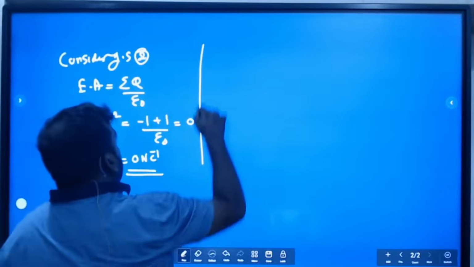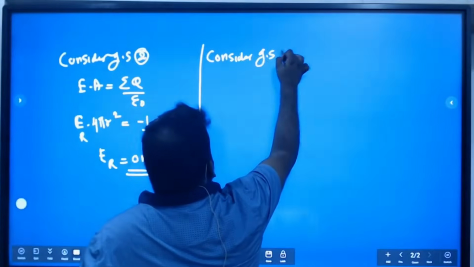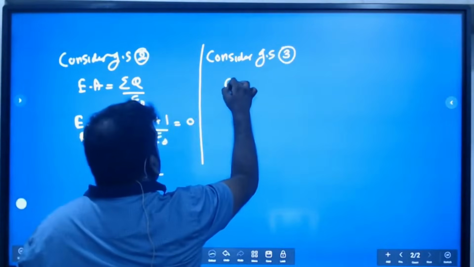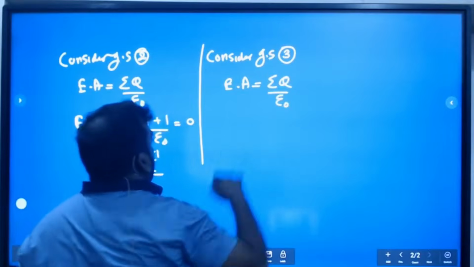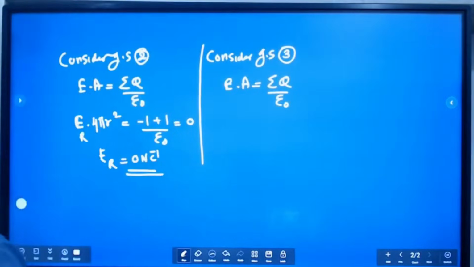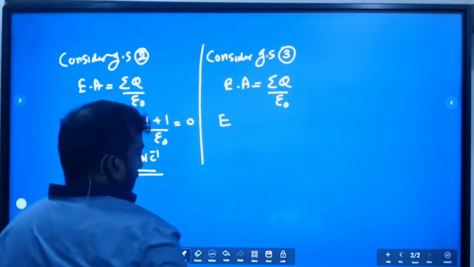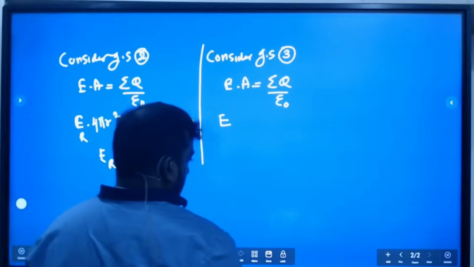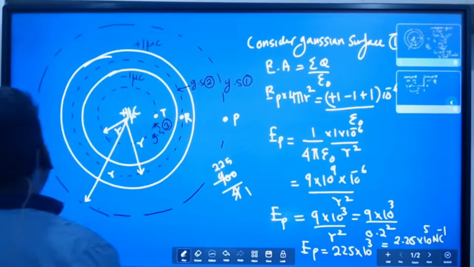Then consider Gaussian surface 3. E times A equals sum of charges over epsilon naught. Here, what's your distance OR?